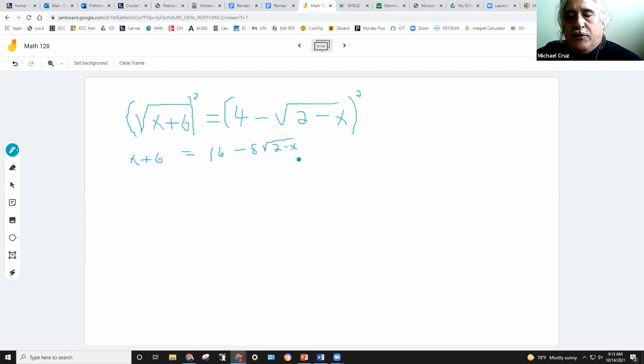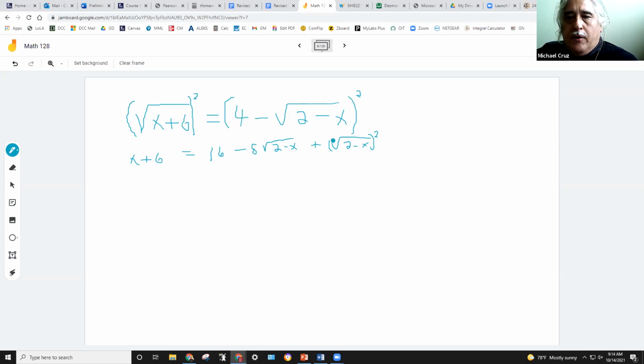Now, all I'm doing is just squaring this whole thing out, just like it was any kind of binomial. The only thing that's different is it's going to have one of these in there. So you can FOIL it out if you want to, but I'm saving time by using what we call in 097 one of the special products.